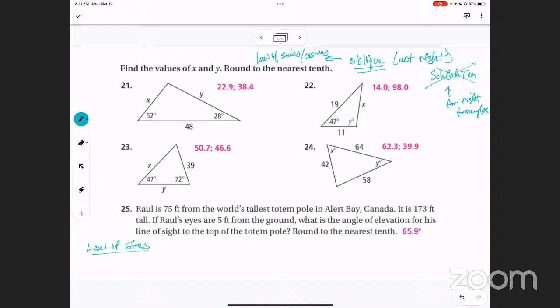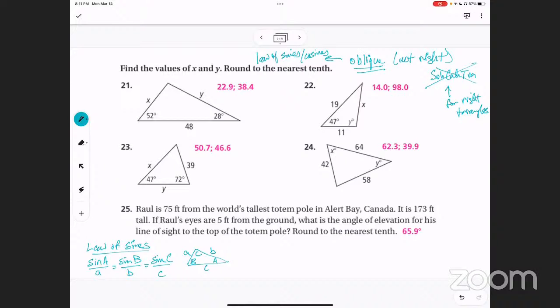The sine of A divided by a equals the sine of B divided by b equals the sine of C divided by c. And that's if you have a triangle that looks like this. A, B, C, A, B, whoops. I did that wrong. B, C, A.